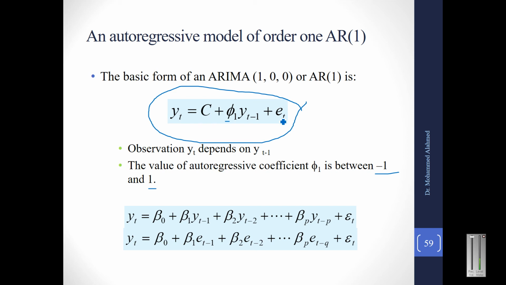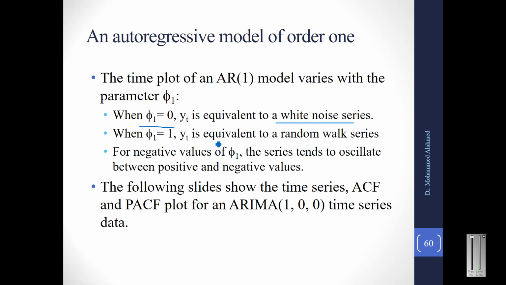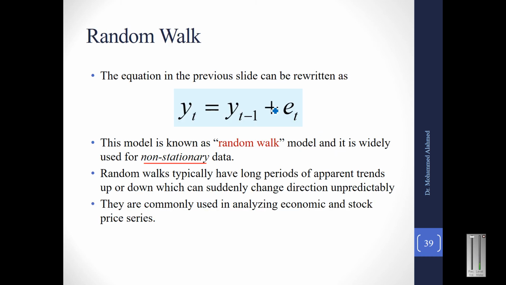Now let us see what the white noise was that we studied in the previous class. This was the white noise, c + et. Fine. And when psi1 is equal to 1, Yt is a random walk series. Now let us see what a random walk is. The random walk says Yt is the lagged version plus the error term.